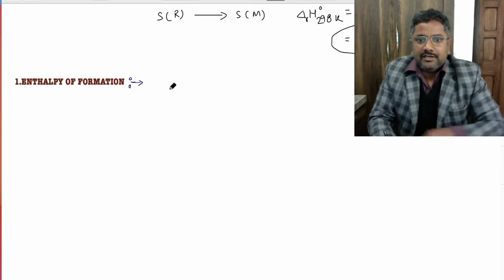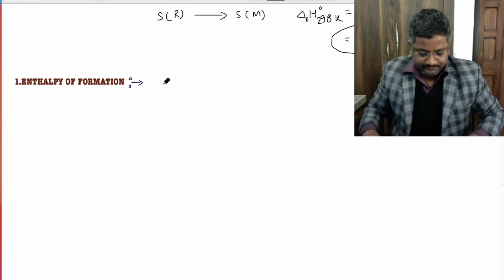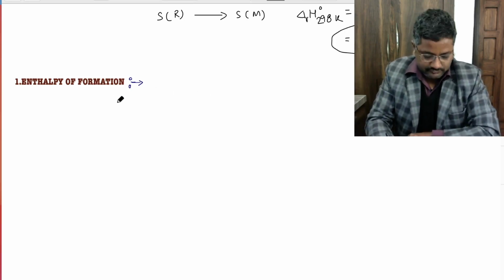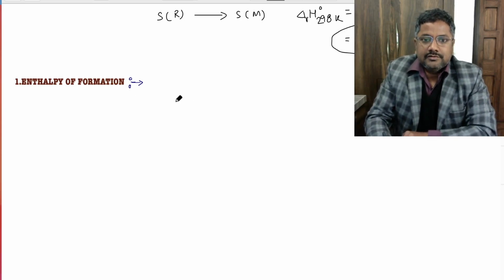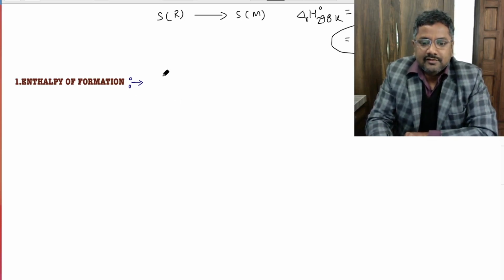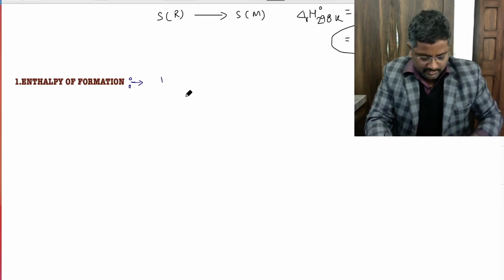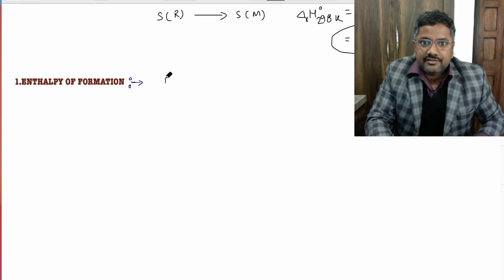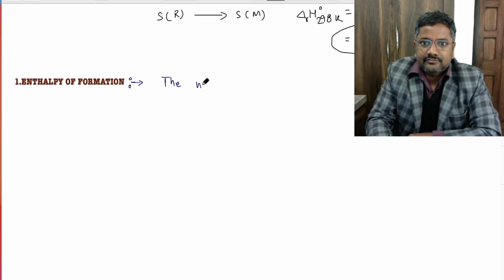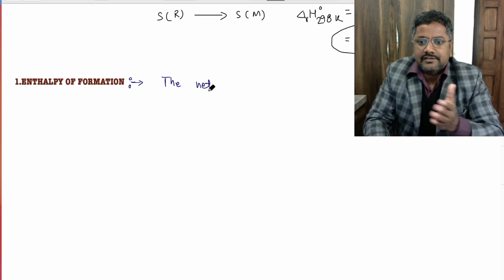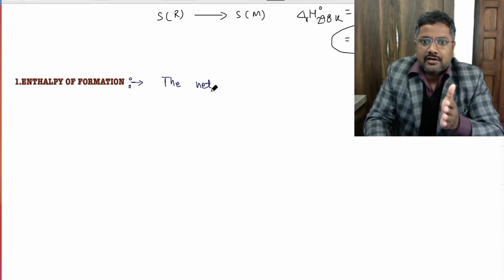See, the enthalpy of formation, the enthalpy of reaction, or we can say the net heat change. Net means at some stage energy may be released, or at one stage energy may be absorbed, right?